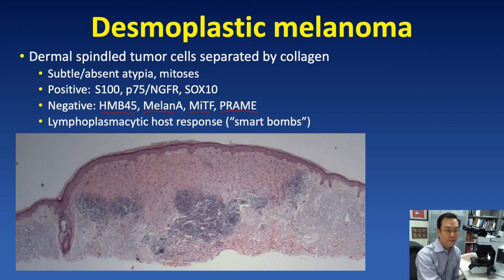So PRAME is more often than not negative in desmoplastic melanoma. Fortunately, most tumors are positive for S100, P75, or SOX10. And occasionally a clue to the diagnosis will be the presence of an unusually prominent host response, more prominent than you would typically see in a nevus, so-called smart bombs.